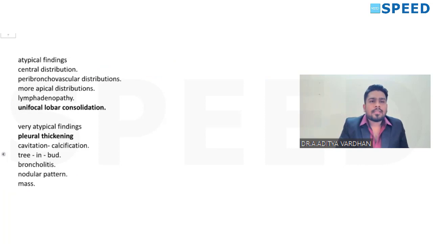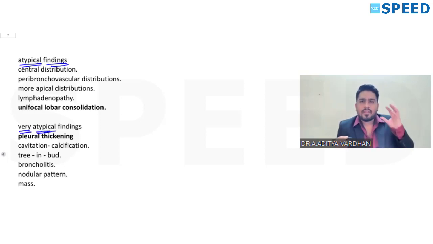Next, what are the atypical findings? I have classified them into two for you, atypical and very atypical. Friends, this means whenever you come across these patterns in an HRCT, they are not pointing towards COVID-19, they are pointing towards other infections and other pathologies. So what are they?